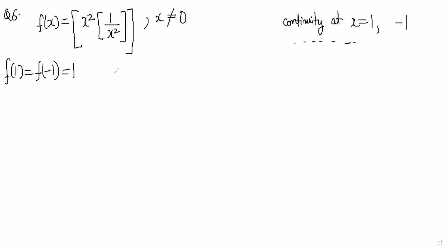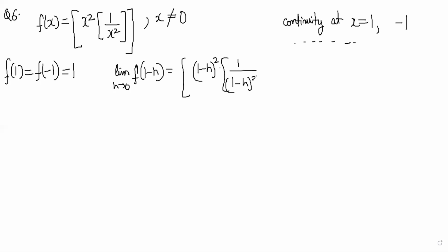LHL at 1 is coming 0. LHL at 1 means limit of h tends to 0, GIF of 1 by (1 minus h) whole square, right? For me, RHL is also coming as 0. Yeah, even I got RHL as 0.